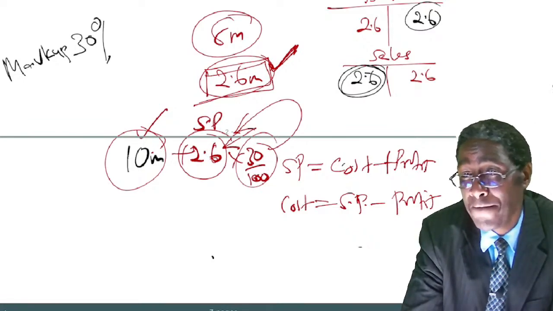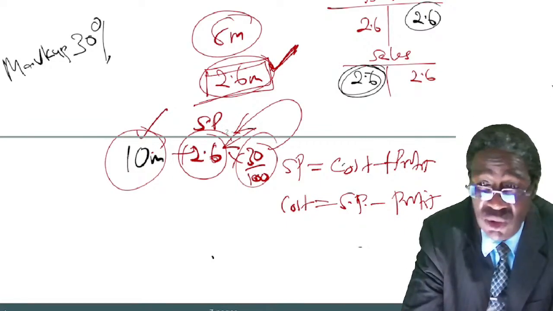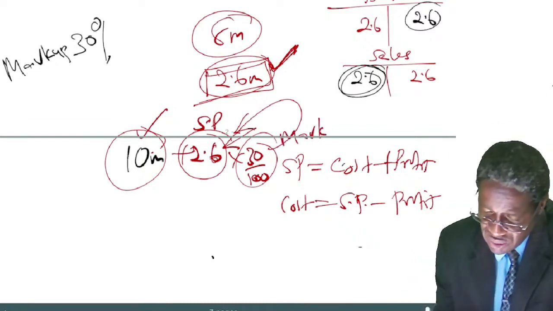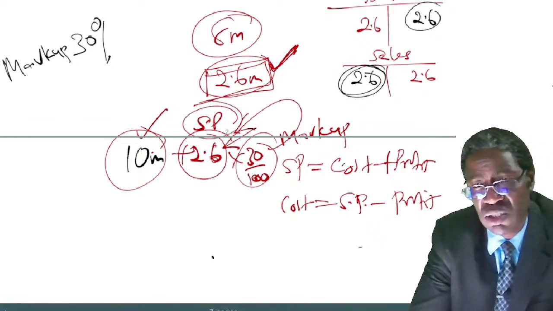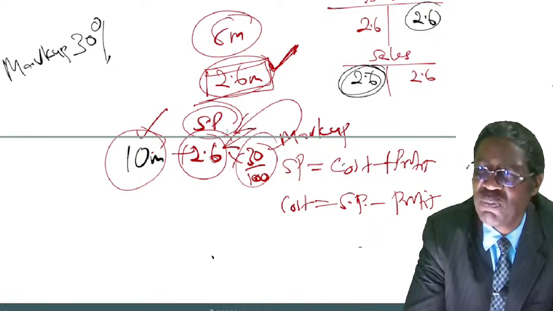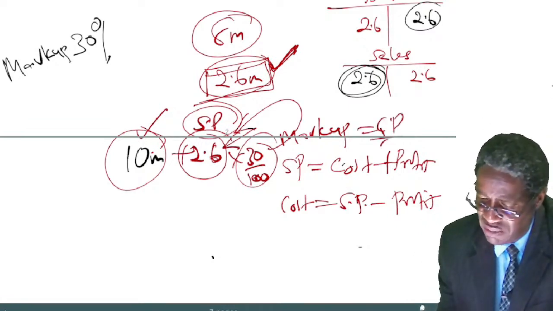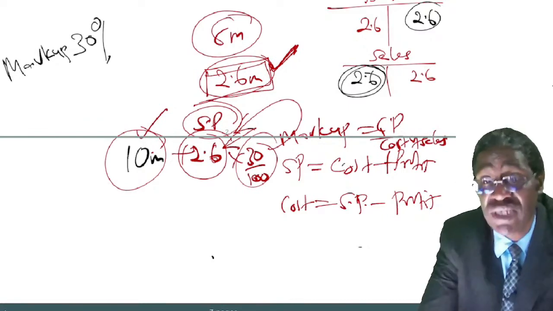Why? Remember, we have done branch accounts, and there were those issues. Here you are given markup, and here you are given selling price. Markup is GP divided by cost of sales. That's how we get markup.